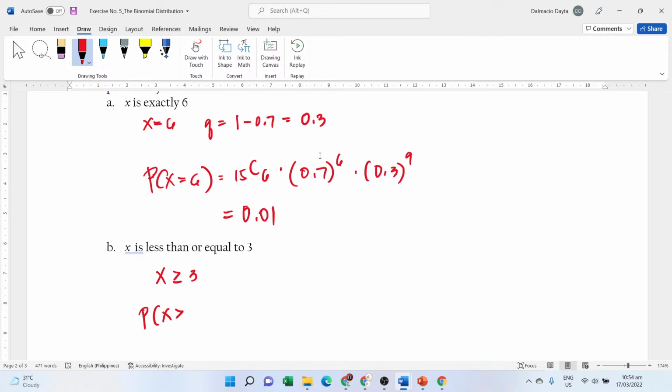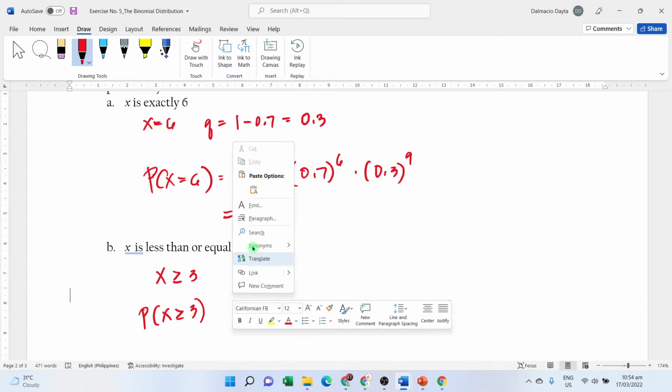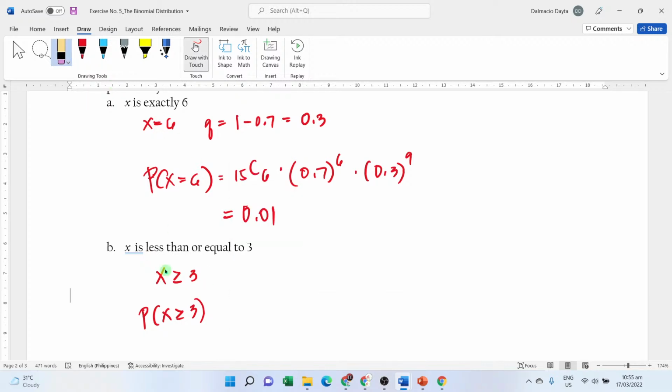Kukunin natin lahat ng probability less than or equal to 3. Sorry, ang basa ko, less than or equal to 3.